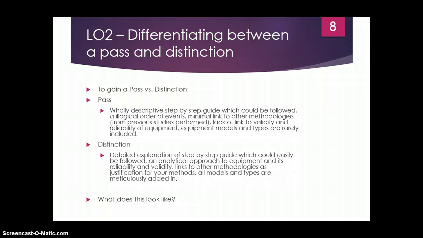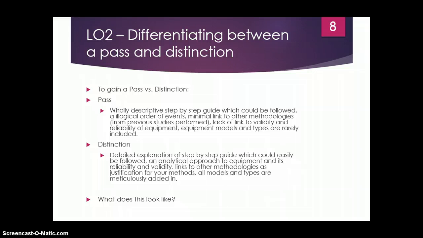So the crux of why you'll be watching this video, and I've got a feeling some people might have skipped straight to this point, which I hope you haven't, and if you have, go back and do the first objective, please. Essentially, what am I looking for to differentiate between a pass and a distinction piece of work for your methodology? Well, this is basically it.